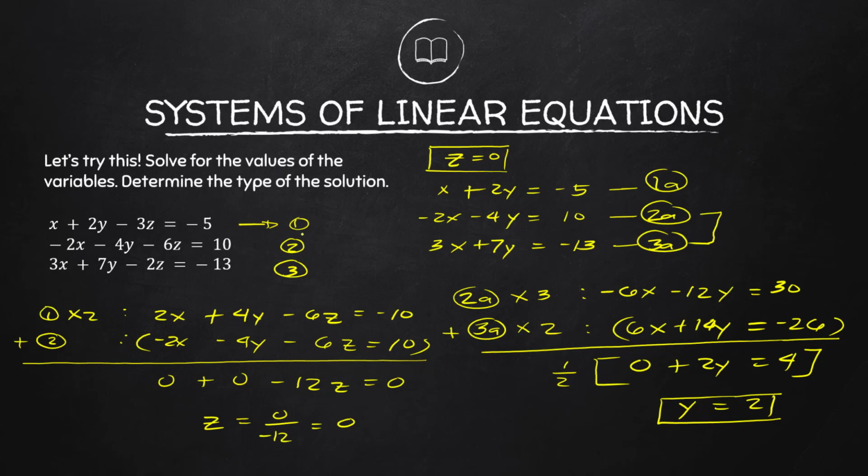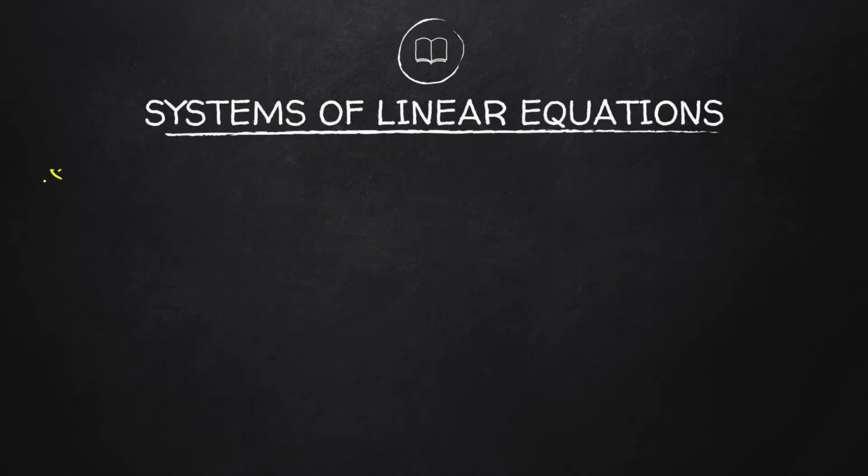You can also do that in the other two equations, but I would choose the easier one. That would be x plus 2y equal to negative 5. This is your equation 1a.